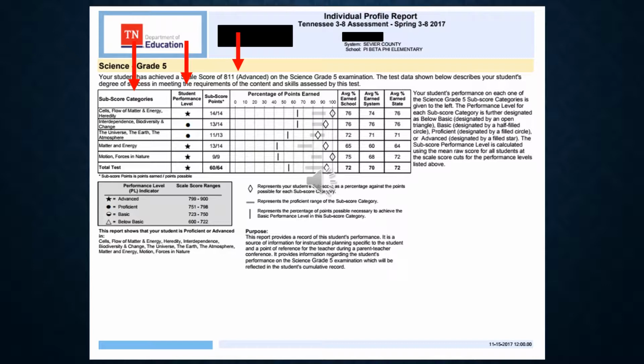The first sentence of this report shows the scale score and performance level for this grade level for science.